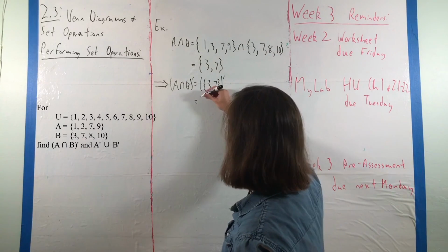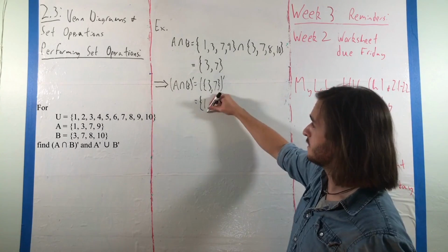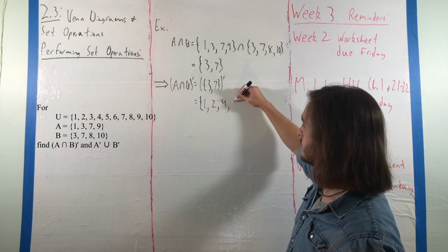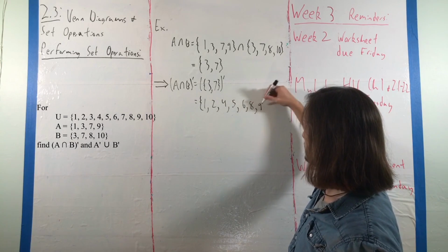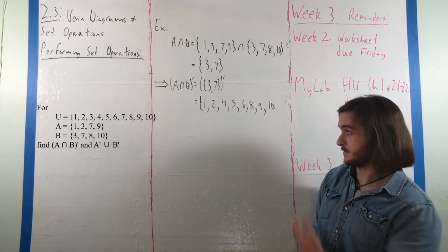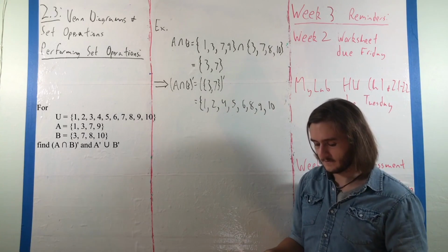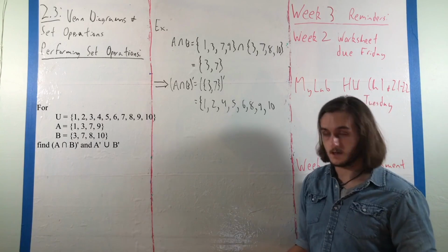Can be a whole lot of things. That is going to end up being {1, 2, 4, 5, 6, 8, 9, 10}. It's going to be everything other than 3 and 7. It's the complement function.